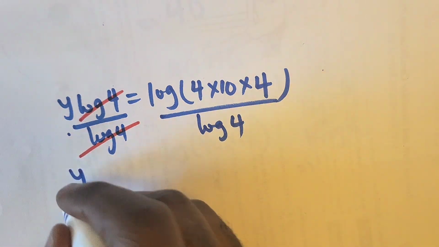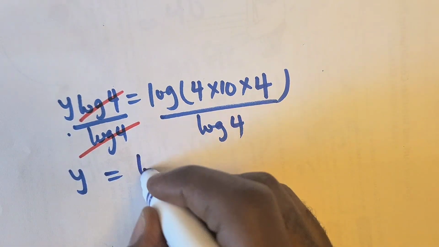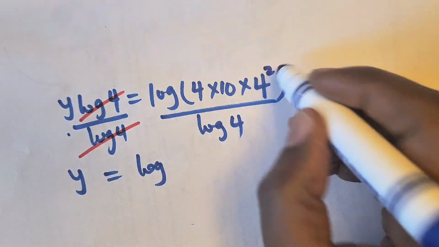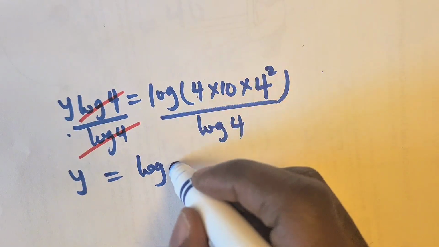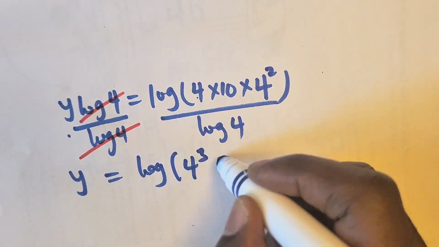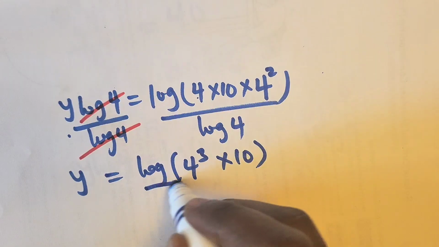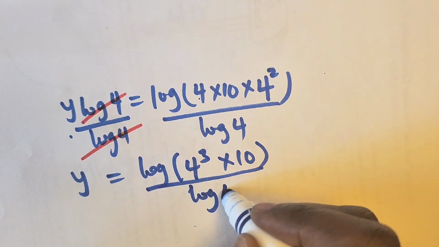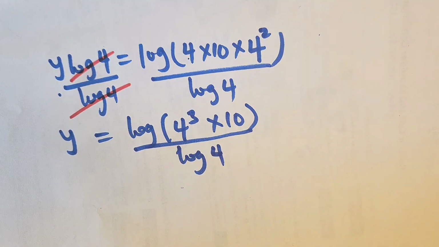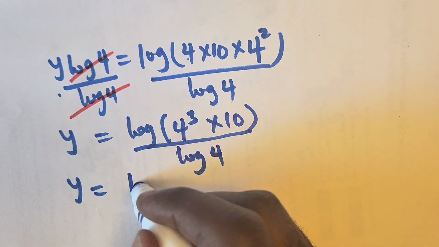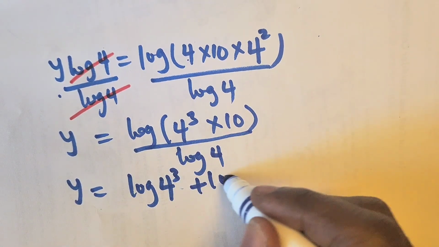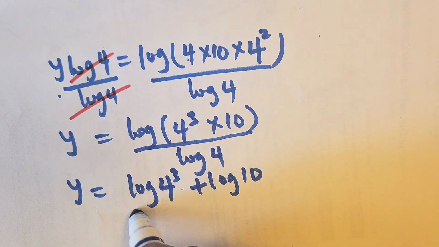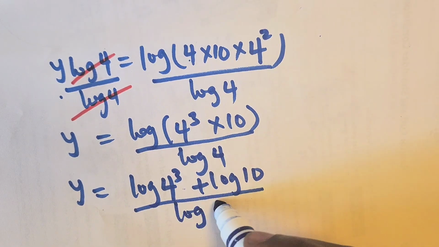So here is going to be y, which equals log of, this is 4 squared because we have 16 initially, and 4 squared multiplied by 4 is going to be 4 to the power of 3, times 10, divided by log 4. Now, here we're going to have y equals log 4 to the power of 3 plus log 10, this divided by log 4.